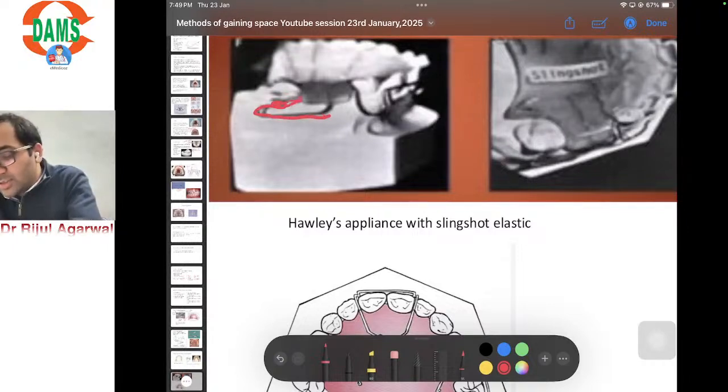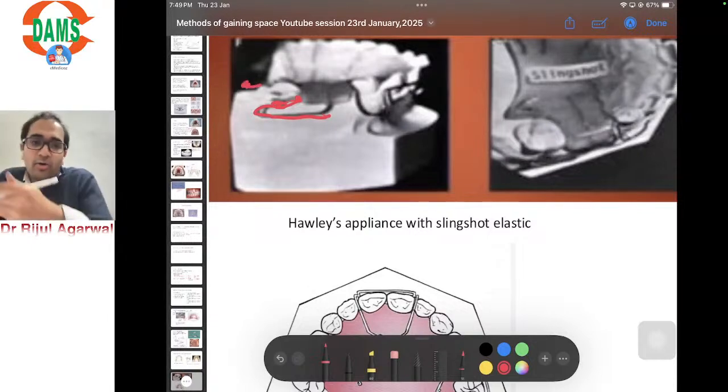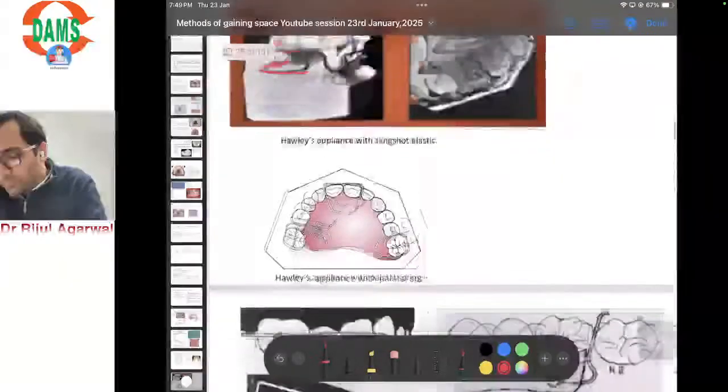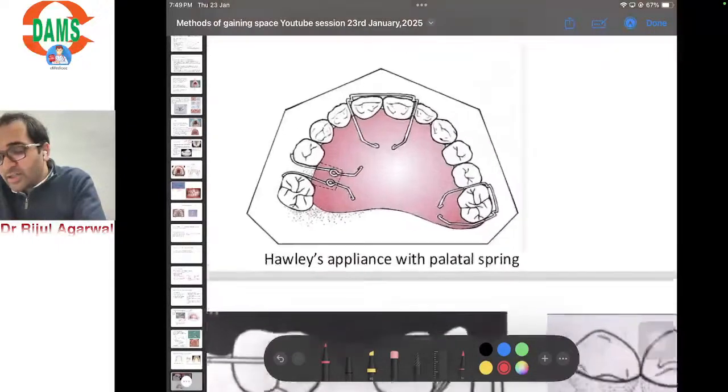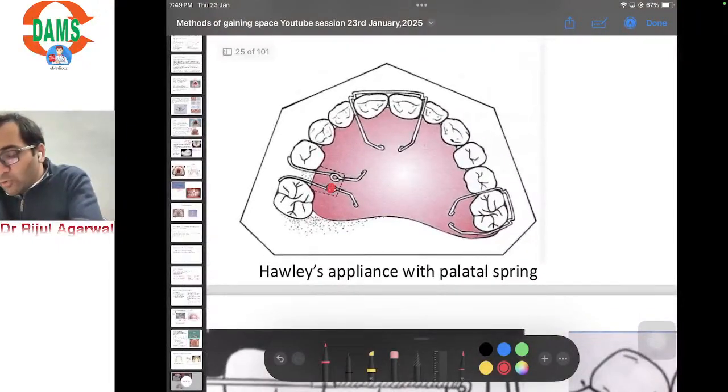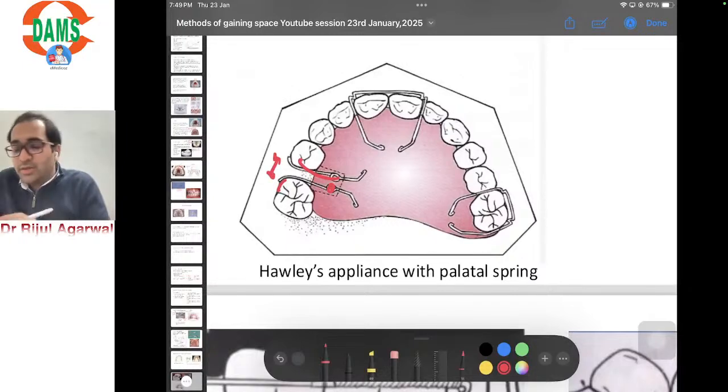As the elastic gets compressed or regains its length, it will take the molar back, or distalize it along with it. Next, Hawley's with a palatal spring. There are two palatal springs present here. We just have to open the helix like this so as to gain space in this region.